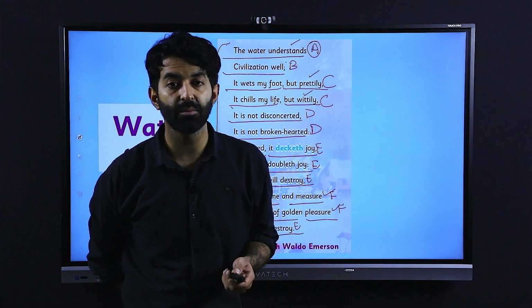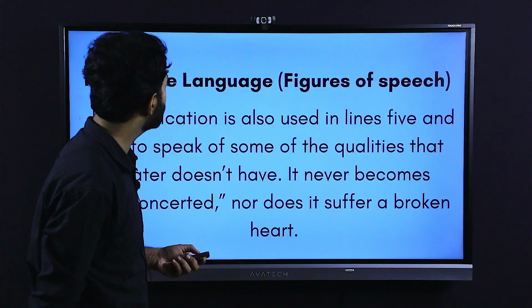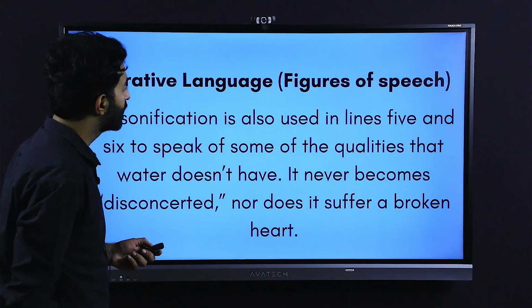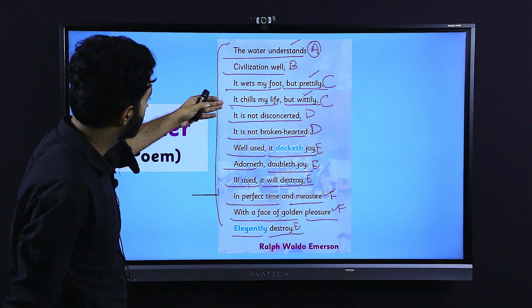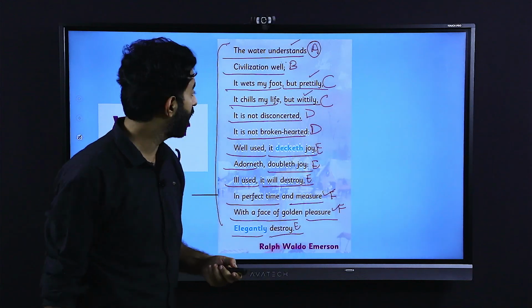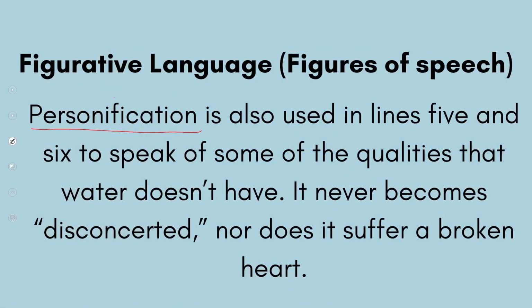We can find the rhyme scheme, we can find different elements of poem in it, and let's talk about the figures of speech. So first thing is that when we are reading it, we can see that we are talking about water, and water is personified. How is the figure of speech personification used?